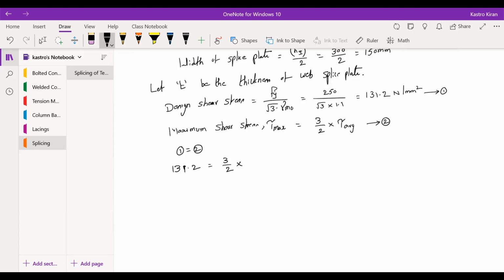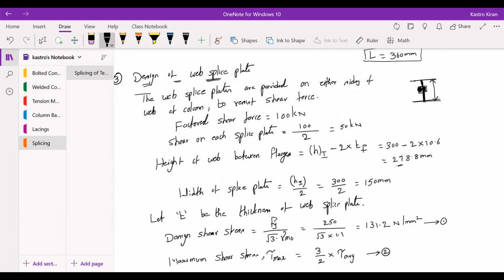It can be found as shear on each splice plate divided by width of splice plate into the thickness of splice plate. Okay, what is the shear on each splice plate? It is 50 kilonewtons.